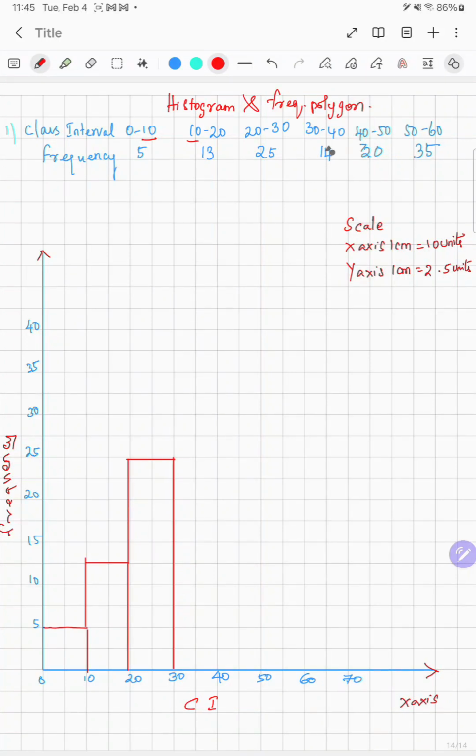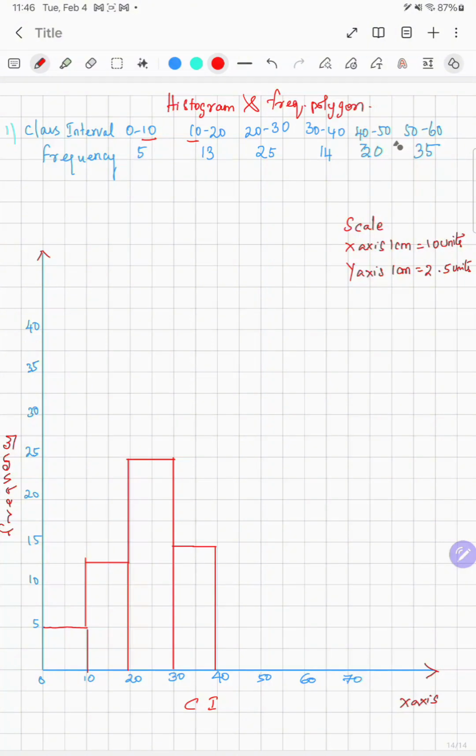Third is finished. Fourth one, 30 to 40, and the frequency is 14. So one line below this I will draw. Here it is, 30 to 40.